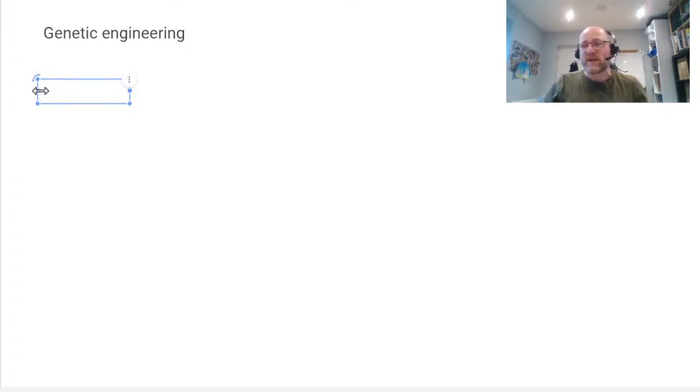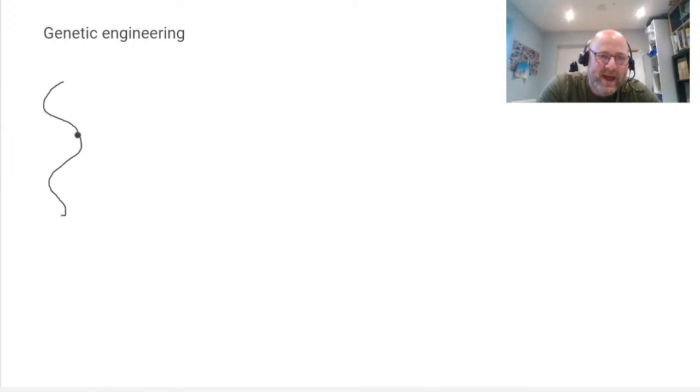So genetic engineering, you guys should know, if I have one plant and I want to take a gene out of it and put it in another plant, what do I use to cut a gene out? Let's say here is some DNA. Let's say this is the gene that I want. What do I do? Brilliant.